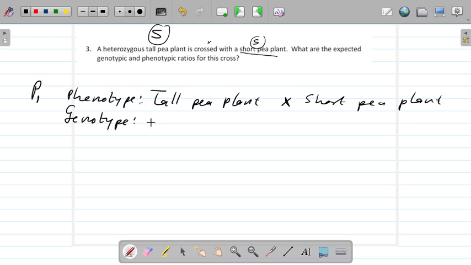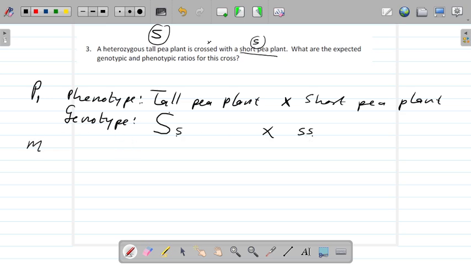A heterozygous tall pea plant, for it to be tall, must have a dominant allele, which is capital letter S. But because it is heterozygous, it must have a different allele, which is the short allele. And then it's crossed with a short pea plant, so you have two small s's. Here you have big S, small s, then small s, small s.